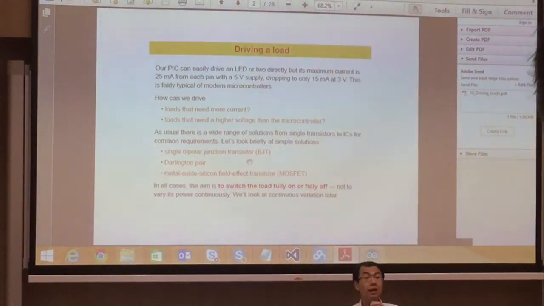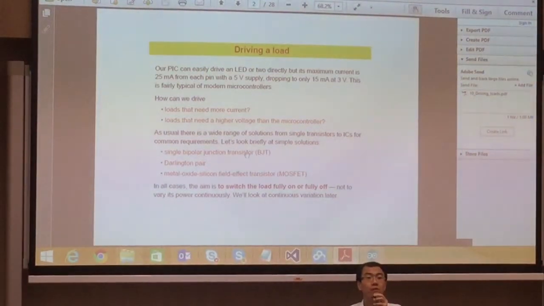bipolar transistors. Have any of you learned bipolar transistors before? We have discussed diodes. Have you learned any transistors before? Bipolar transistors, MOSFET transistors?